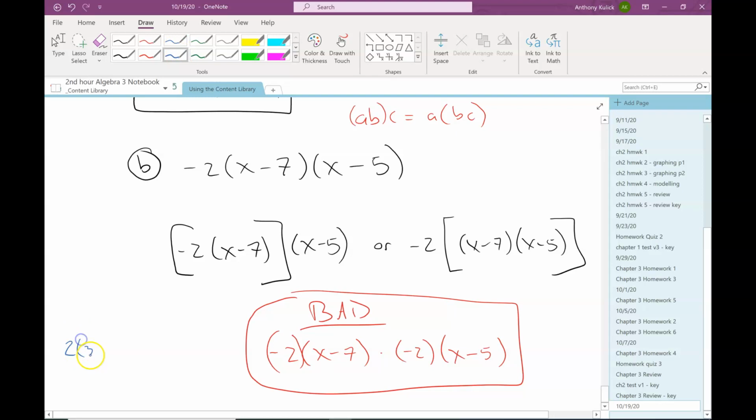If I asked you to do 2 times 3 times 5, you do 2 times 3 is 6, 6 times 5 is 30, and you're done, right? Nobody would do that crazy stuff going on. But as soon as we put in some variables and some extra parentheses, all of our common math sense kind of goes out the window sometimes, and that's okay. That's why I'm showing you some of these common mistakes, so that we can avoid them and not make them.